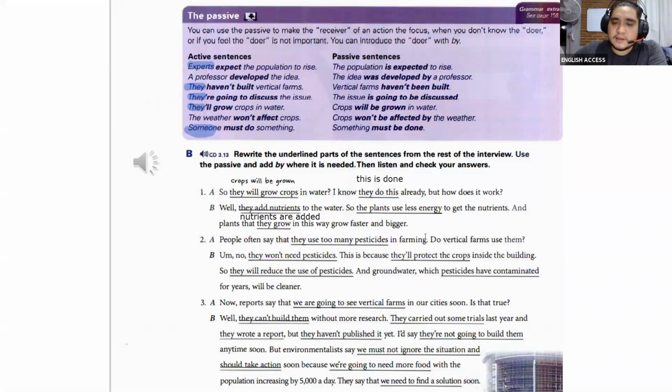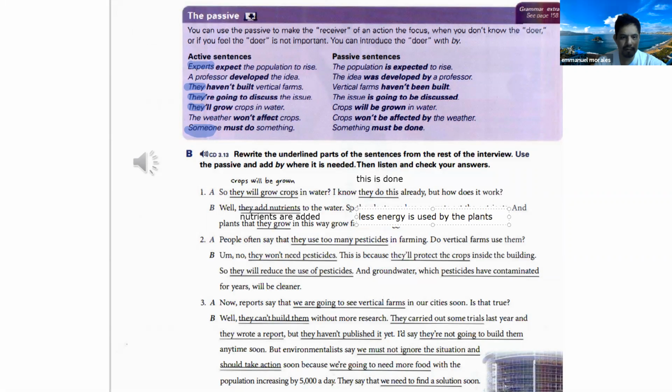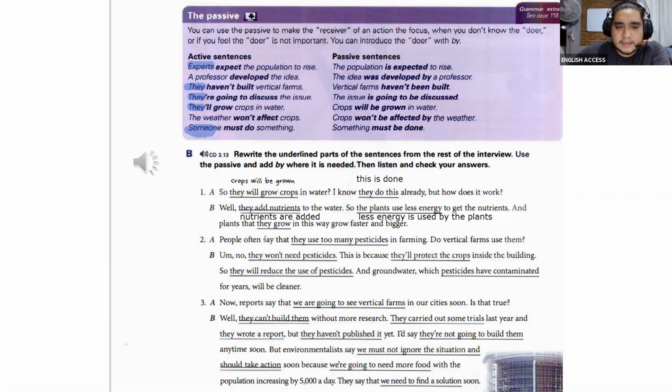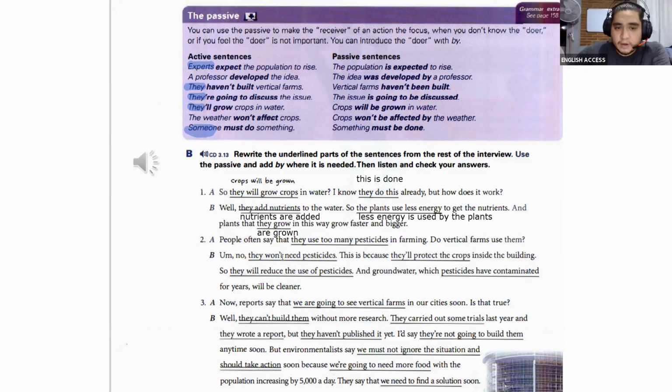The plants use less energy. Less energy is used by plants. And plants that they grow in this way grow faster and bigger. How would it be? Are grown. Yes. People often say that they use too many pesticides.